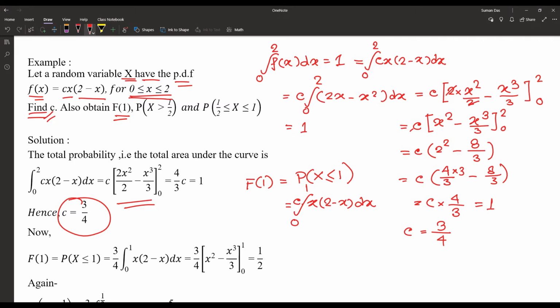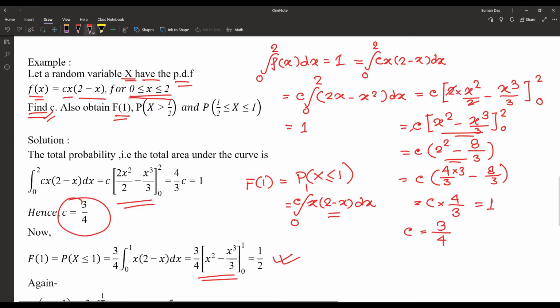Less than or equal to 1 means from 0 to 1. As we have already found the integral, we can write it here and find the result as half.